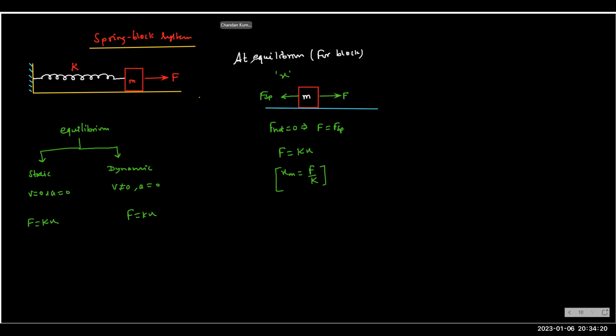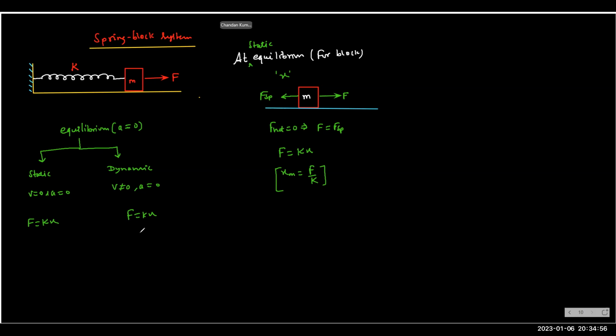So if I say static equilibrium, then definitely it is at rest. For static equilibrium, v is 0 and a is 0. For dynamic equilibrium, v is non-zero, but a is 0. So the word equilibrium should not confuse you. Equilibrium only means acceleration must be 0. So a position of equilibrium is not the position of rest always.